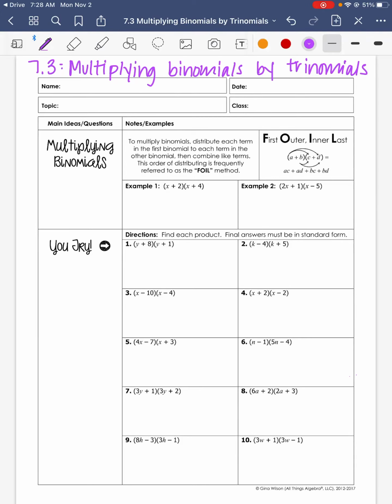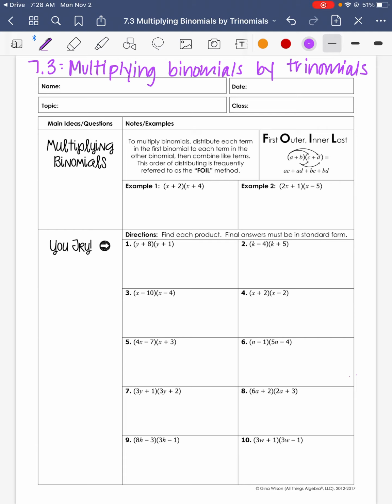All right, so here we have our notes for section 7.3, which is multiplying binomials by trinomials. So we looked at multiplying monomials by polynomials in the last section, and that was fairly simple. We're just really distributing that monomial across a polynomial, right?